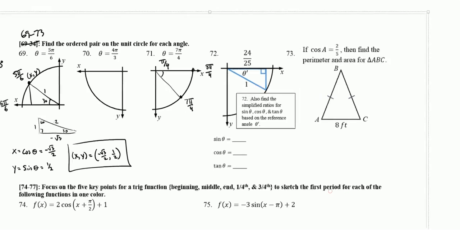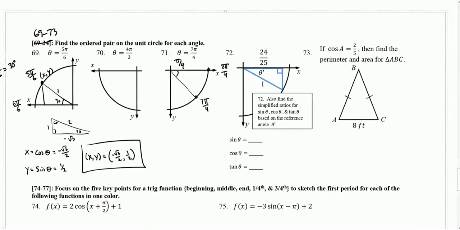Alright, and now on this one, we're looking for the ordered pair, xy. X is our cosine of theta.